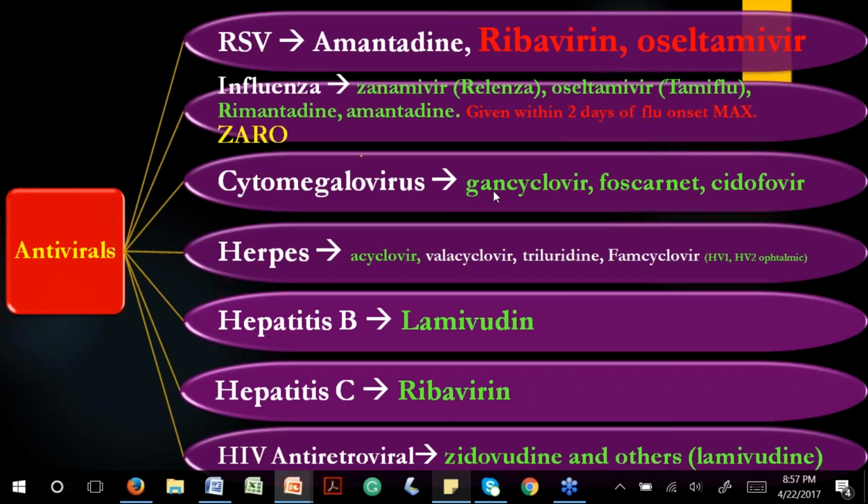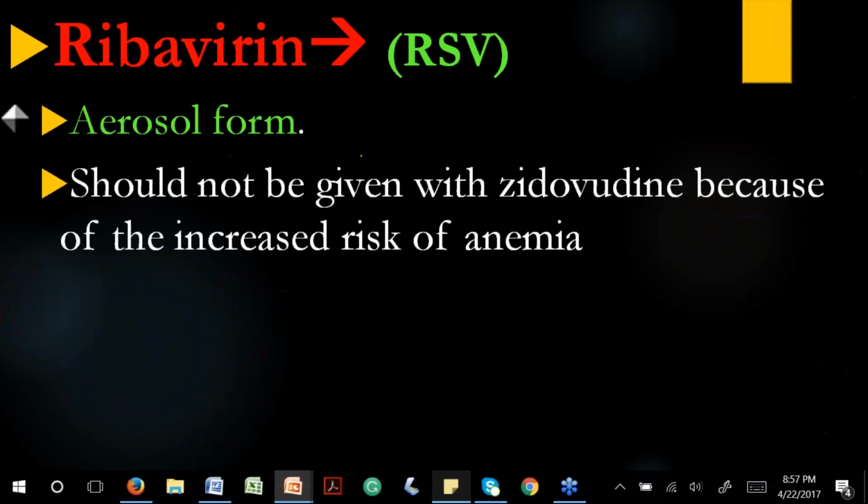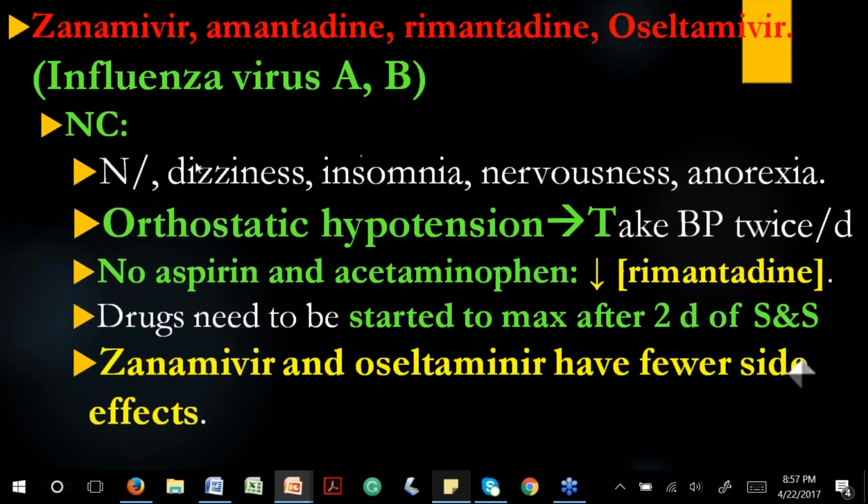You can tell this RSV mostly happens in a very young population, especially neonates after birth or kids born from premature delivery. So that is going to be used. What route are we going to use? The aerosol form of ribavirin. Okay, that is the RSV.